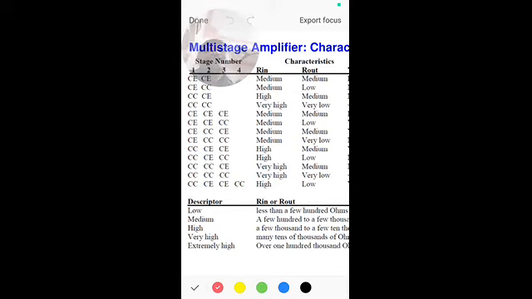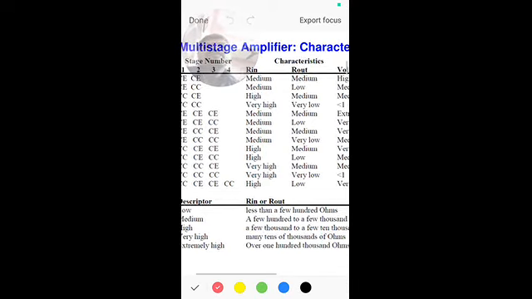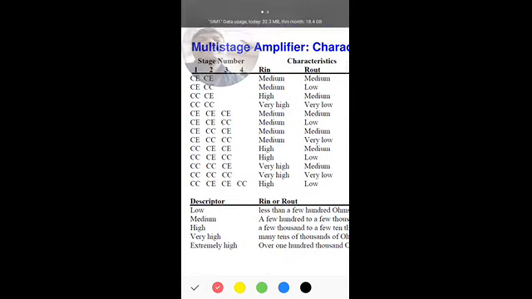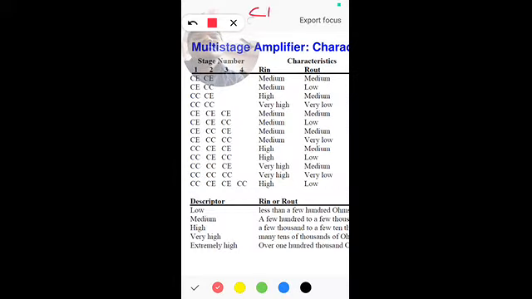So in this configuration CE, CC, CE, we have moderate input impedance, medium output impedance, and AV is also medium. All are medium.